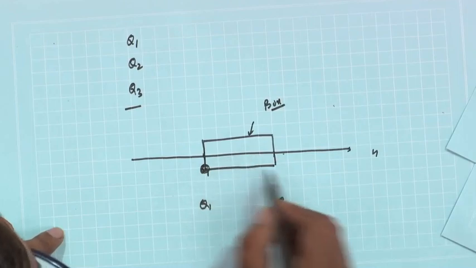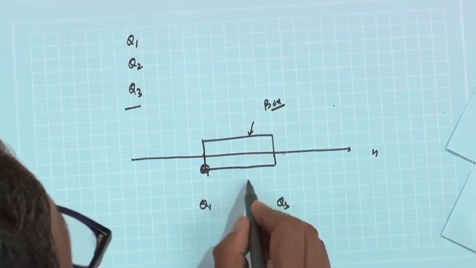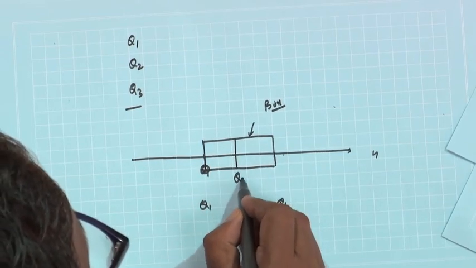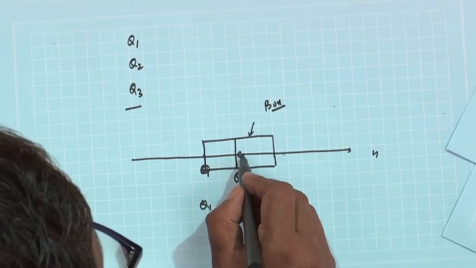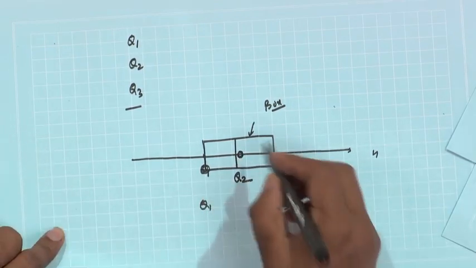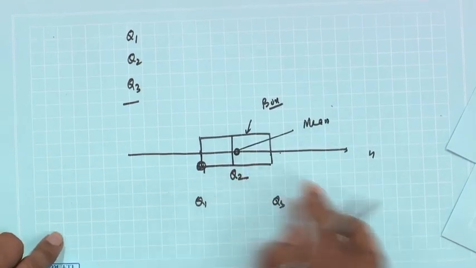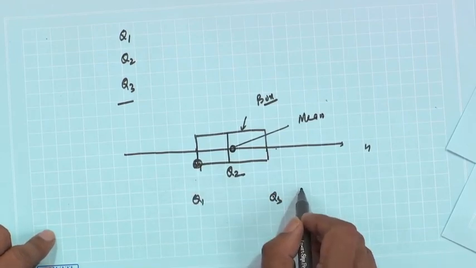Then you also plot the median value there. Maybe the median is somewhere here, this is Q2. You may plot the mean also, just like a small circle, but usually we do not put the mean here, we put Q1, Q2, Q3.